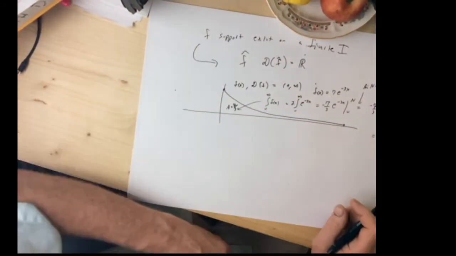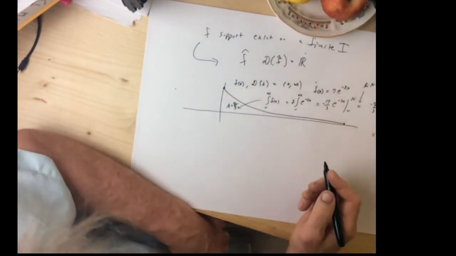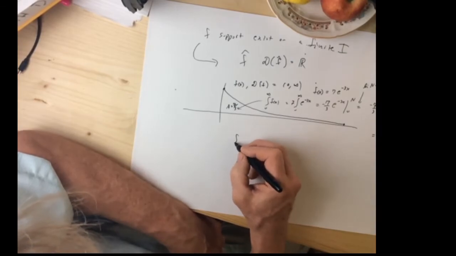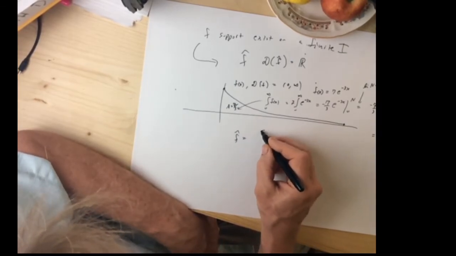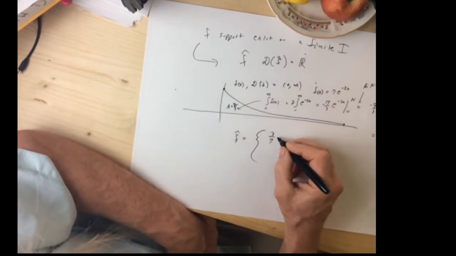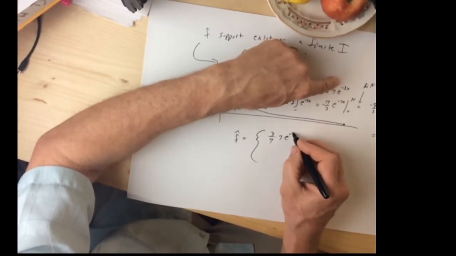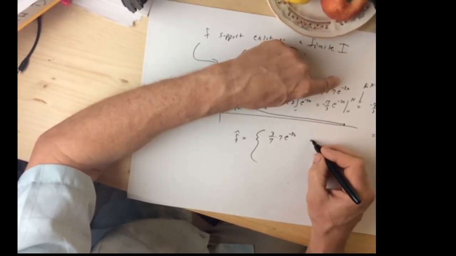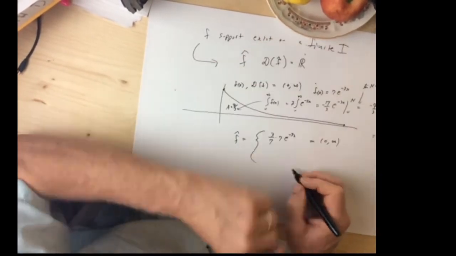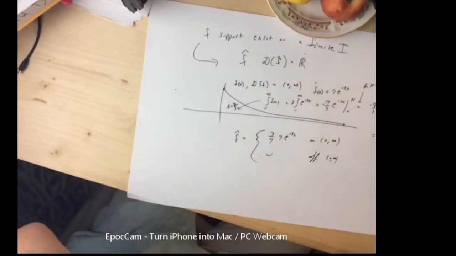Well, just like in the finite case, we get a finite integral. As long as I get an A that's finite, I can extend this. Guess what? It's going to be 3/7 of 7e to the minus 3x on 0 to infinity, and it's going to be 0 off 0 to infinity.